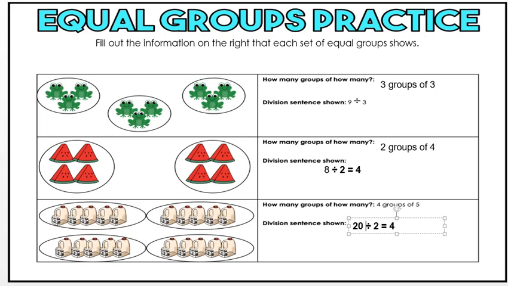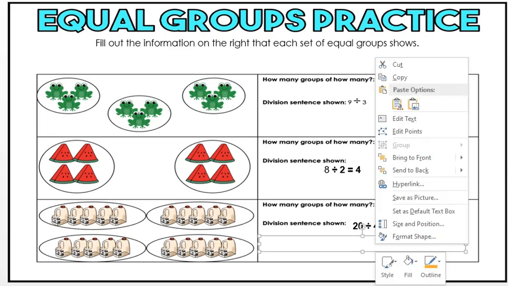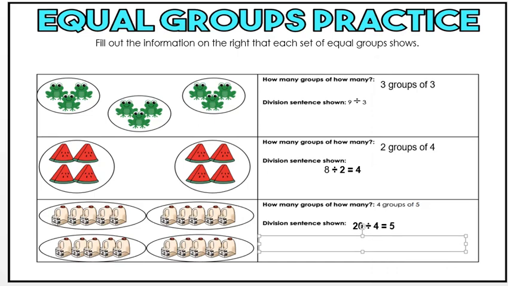So I'm going to put 20 divided by, remember there's 4 groups. So we know that in each group, to make it equal, the answer is 5 because there's 1, 2, 3, 4, and 5 in each group. Okay? Hopefully that makes sense to you.